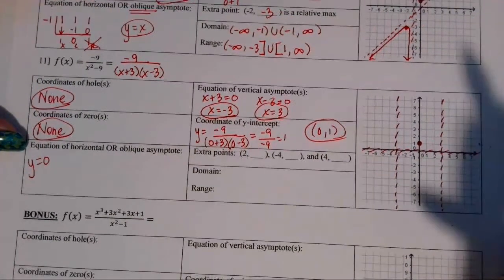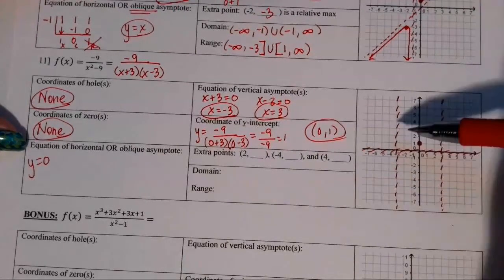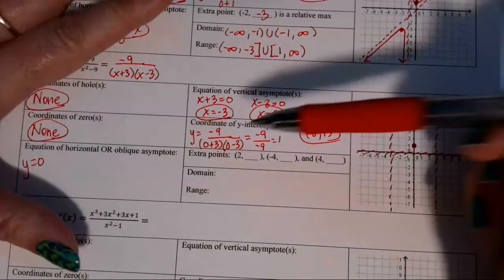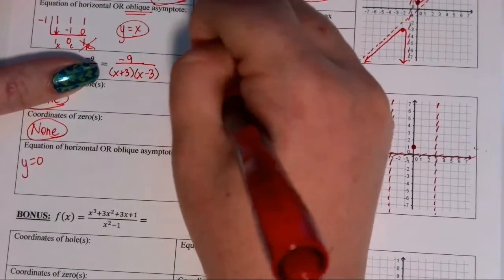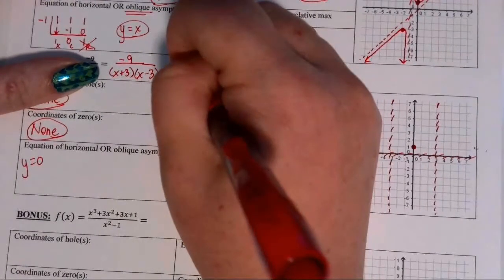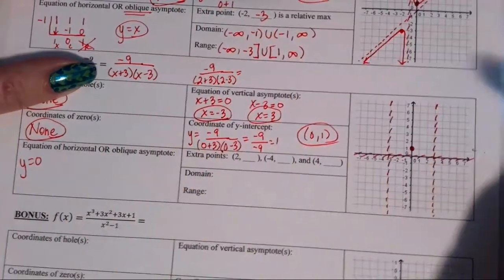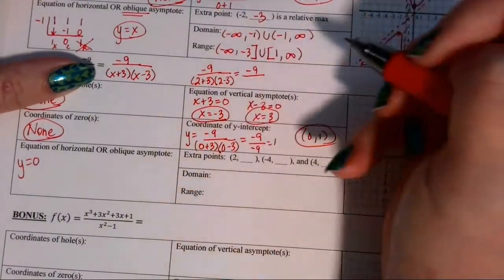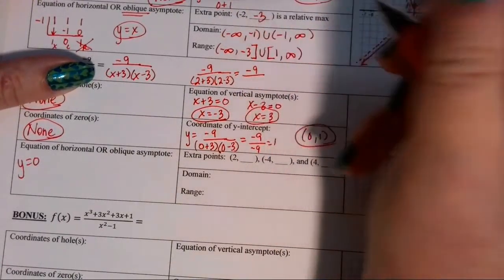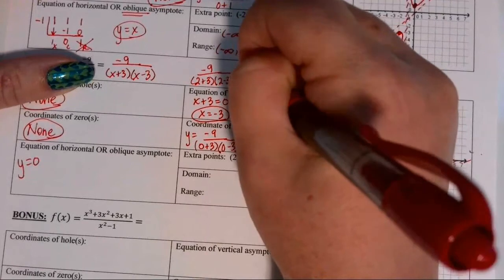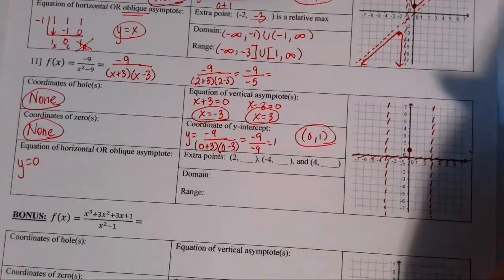Okay, then we need some extra guide points for sure, because we don't know very much about how this curve is shaped. So if we put in a 2 for the x, then we have -9 over 2 plus 3 times 2 minus 3, and that would be -9 divided by 5 times -1, which is -5, so 9/5.